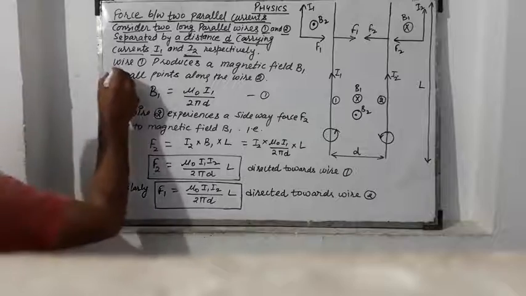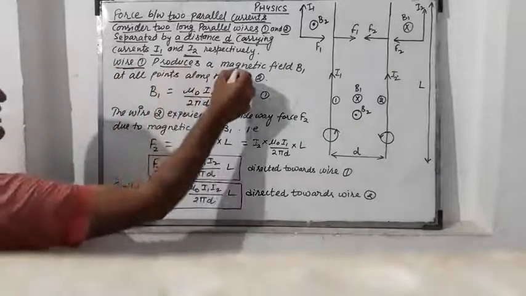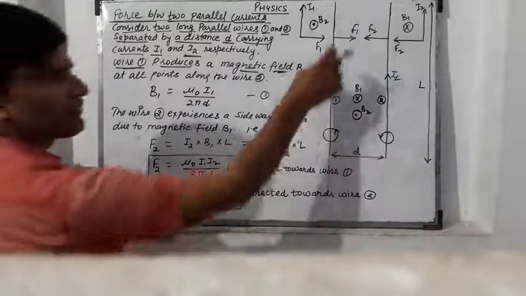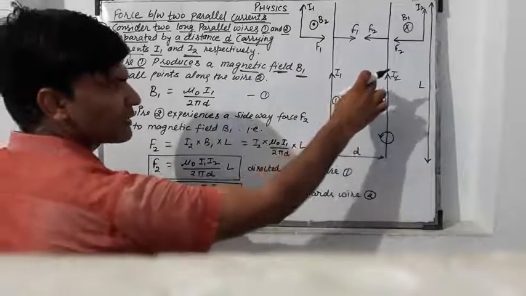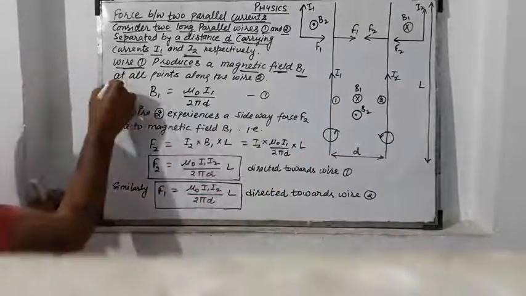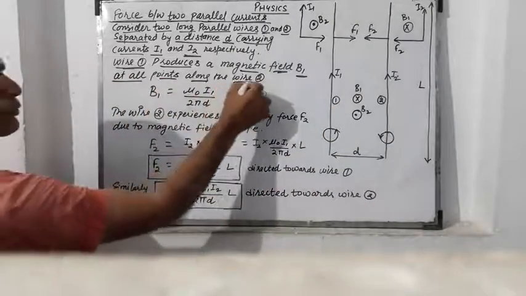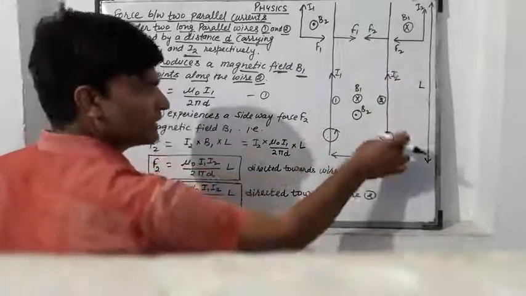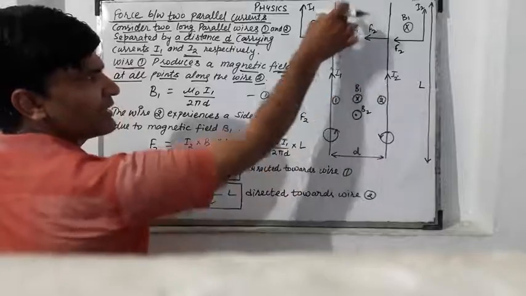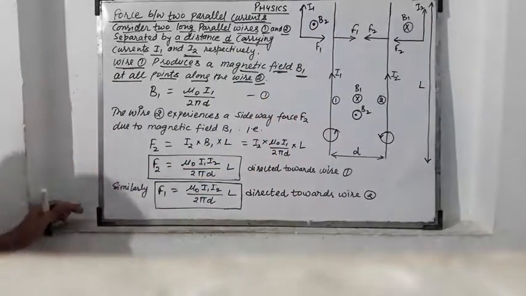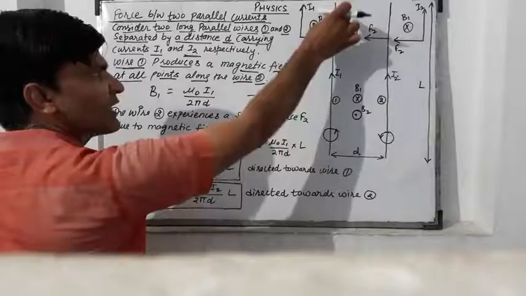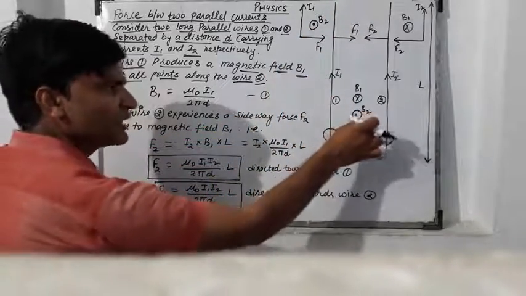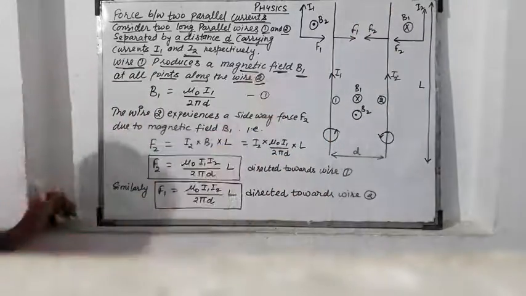Now wire 1 produces a magnetic field B1 at all points along wire 2. It means wire 2 is placed in the magnetic field of wire 1, and similarly wire 1 is placed in the magnetic field of wire 2.